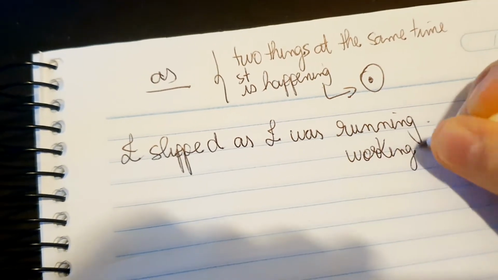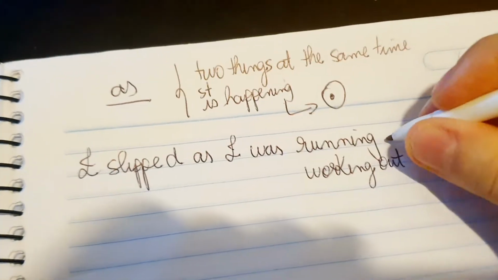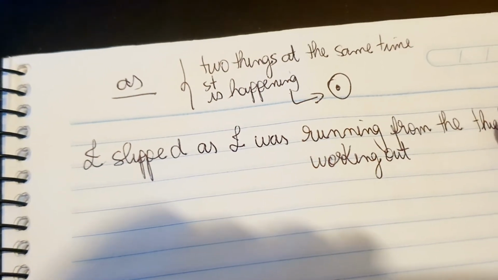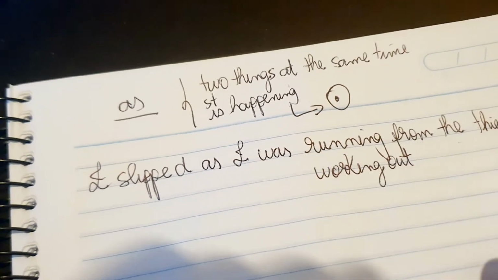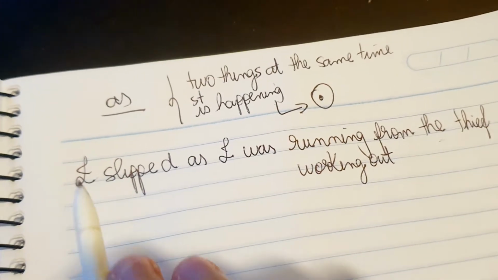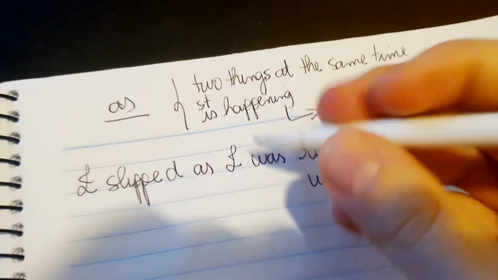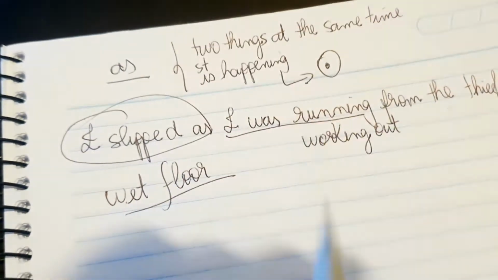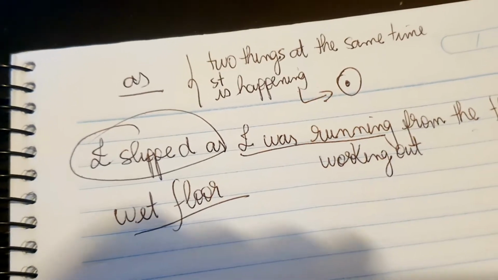I slipped as I was running from the thief or from the mugger, right? I was running from the police or from the thief. I slipped. So I was doing something. I was running very fast, and then I slipped because the floor was wet. I slipped and I fell on the ground. Okay, just another example.